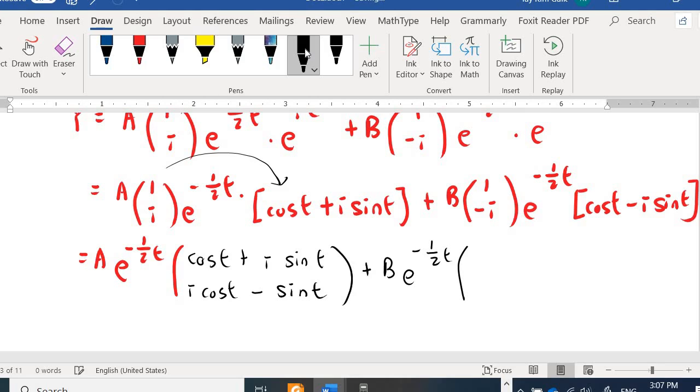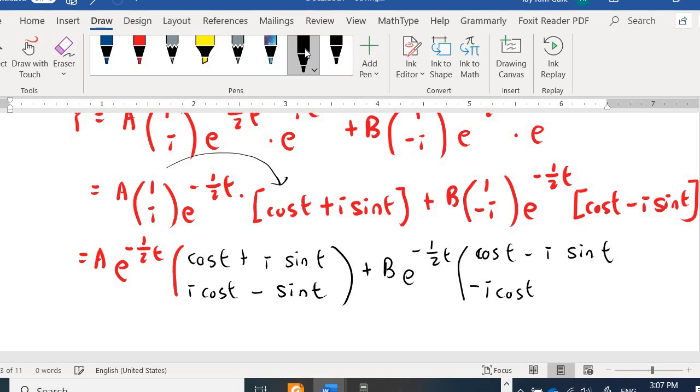Plus b exponent negative half t. Again, take this column vector and multiply with the row vector here. First row you have cos t minus i sin t. Then second row, negative i times cos t, so negative i cos t.